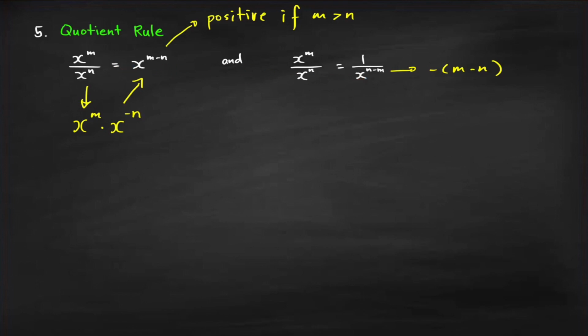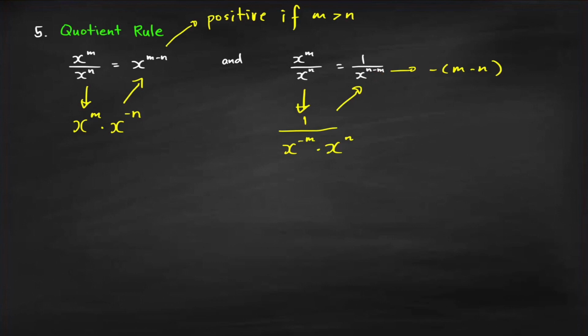If we look at the second expression again, you can actually move the numerator to the denominator and it will give you 1 over x to the negative m times x to the n. And here you apply again a product rule, which gives you this expression 1 over x raised to the sum of the powers negative m and n, which is actually equal to n minus m.